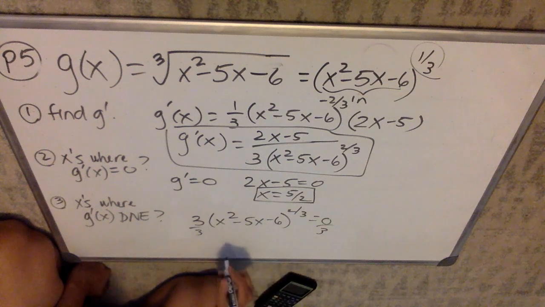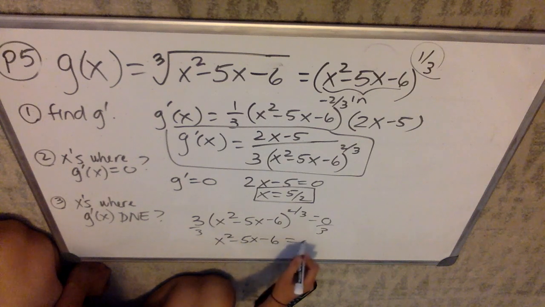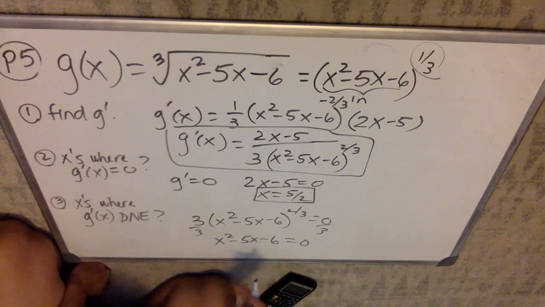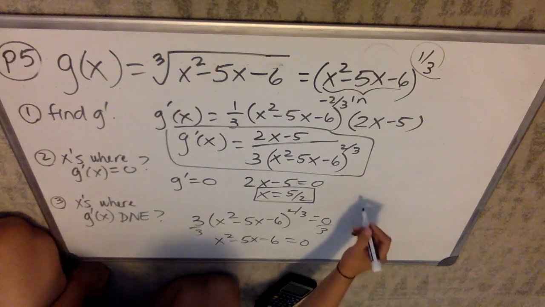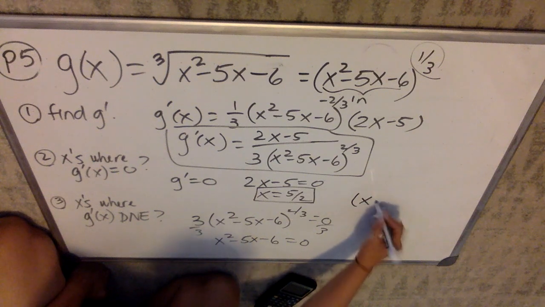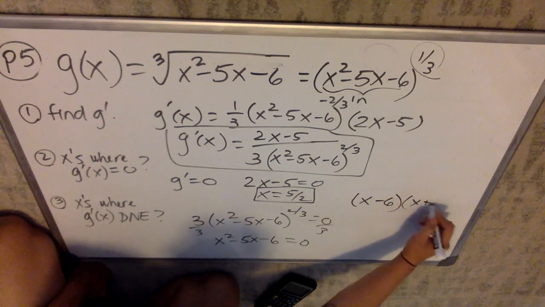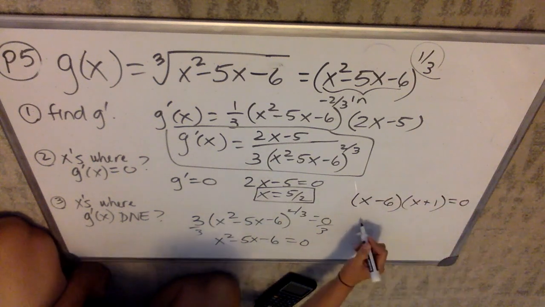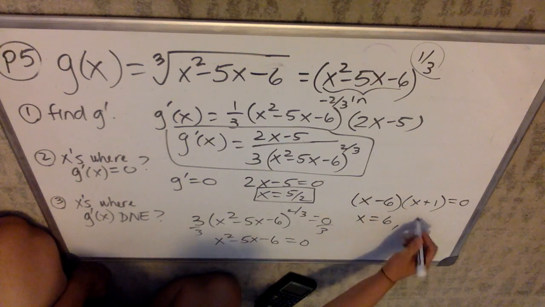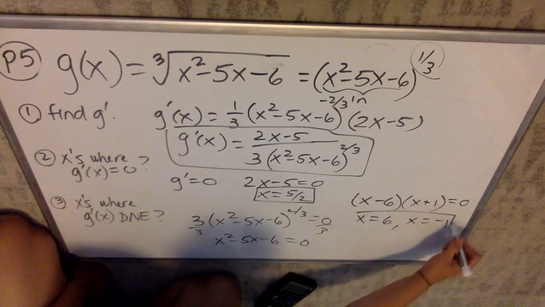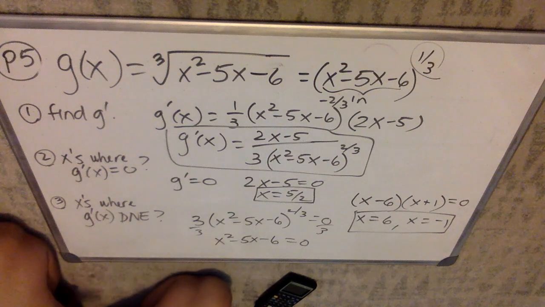The factor you need to equal 0 is x squared minus 5x minus 6. You can get this by factoring or using the quadratic formula: x minus 6 times x plus 1 equals 0. So x is 6 and x is negative 1. Those are the two spots where you're going to have those tangents.